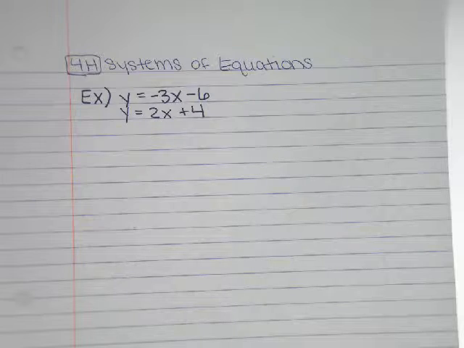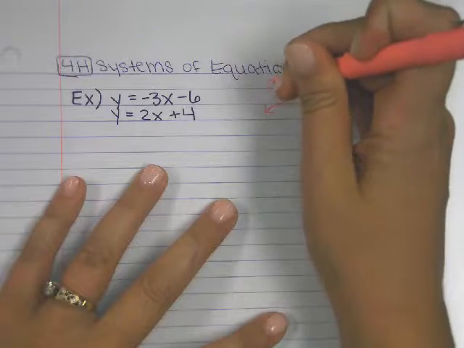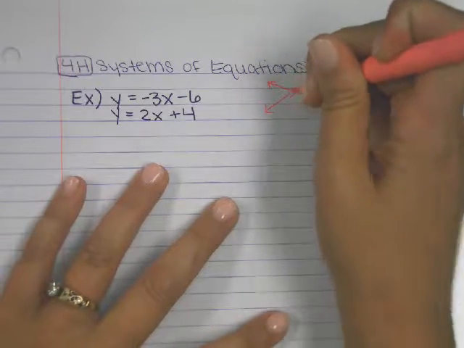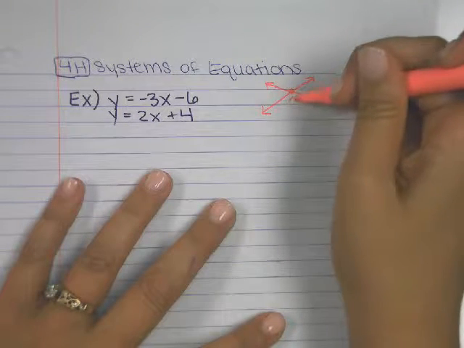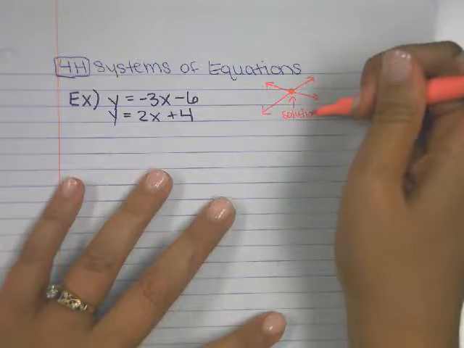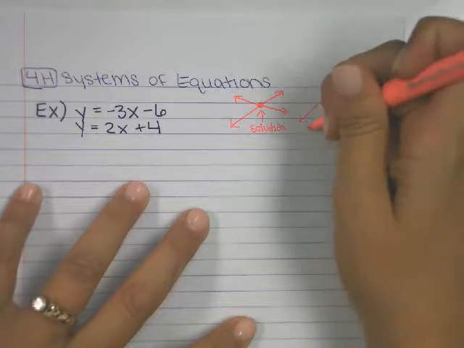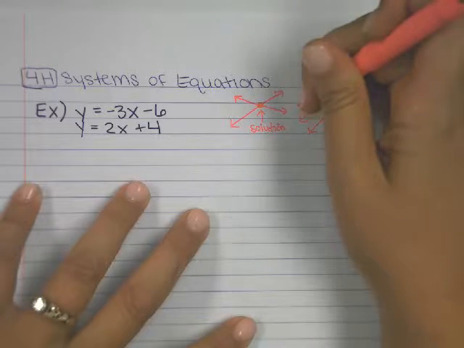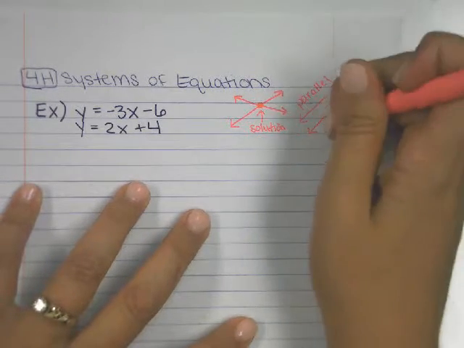Okay? There's a couple different things that can happen. So lines often intersect at a single point. Okay? This would be your solution. Occasionally, lines do not intersect. There's a little geometry for you. Parallel.